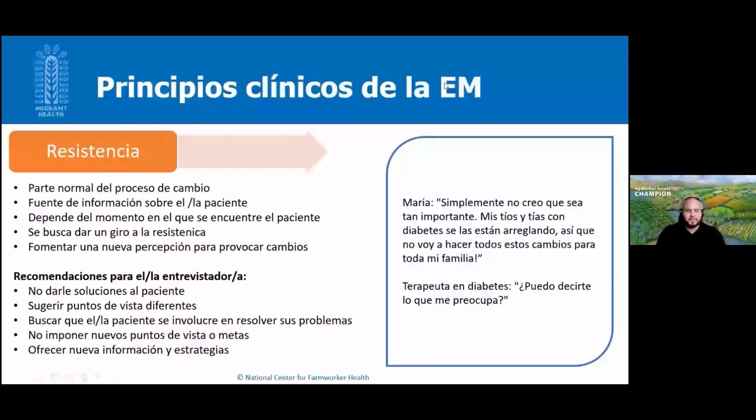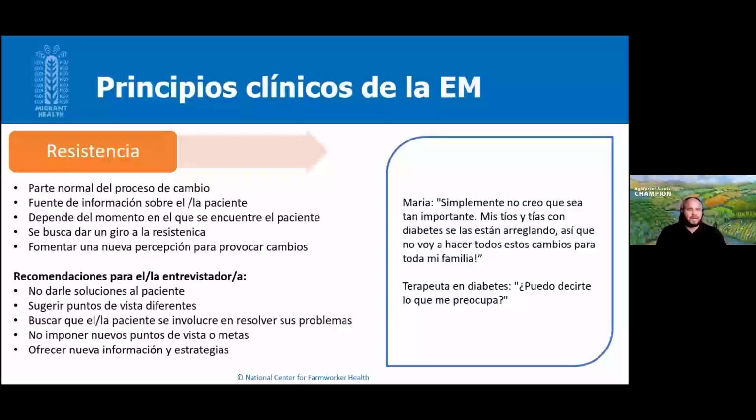So don't try to impose new points of view or new objectives. So let's say you placed certain objectives on the table. We're going to eat healthier. We're going to do a little more exercise. So during that process, maybe the patient's still resisting. Maybe the patient doesn't feel that the patient can realize this change, but we need to be able to point back to those objectives.